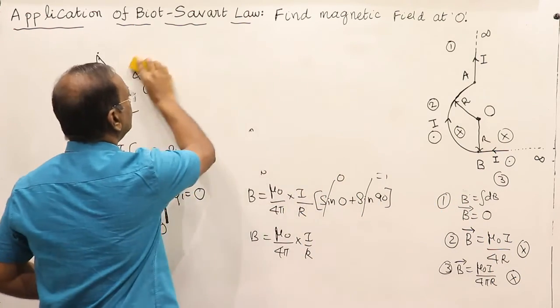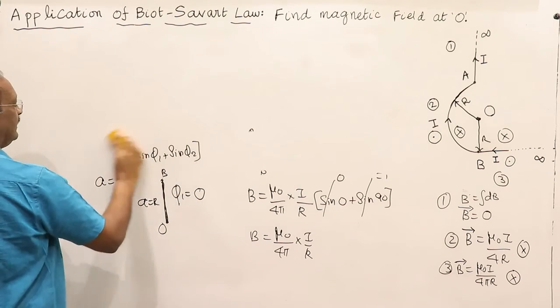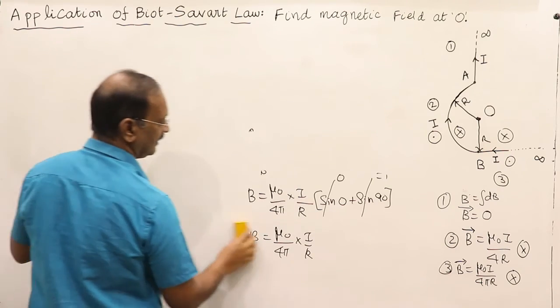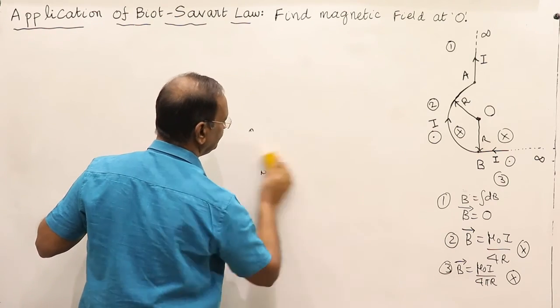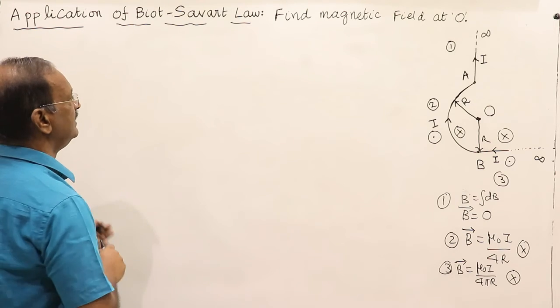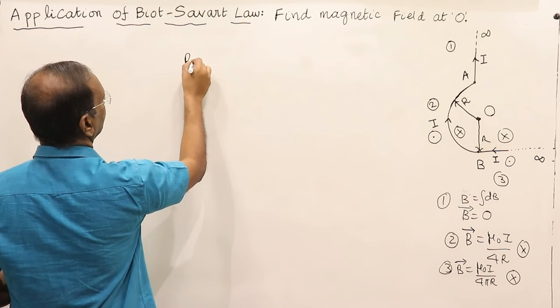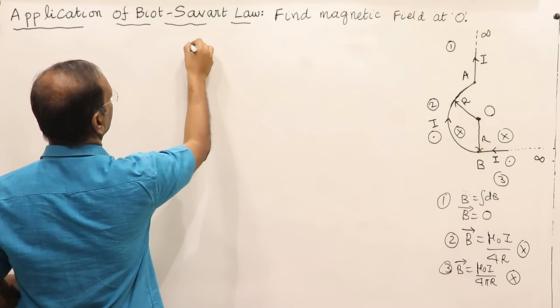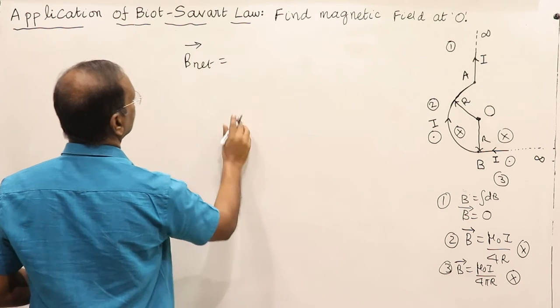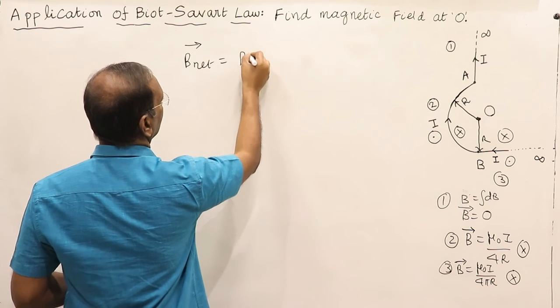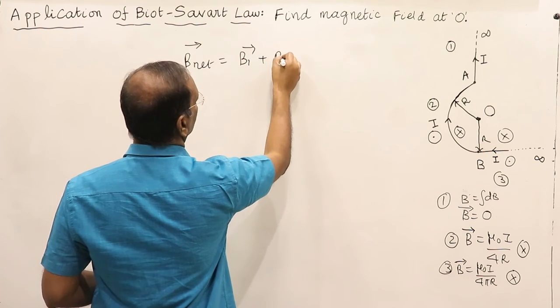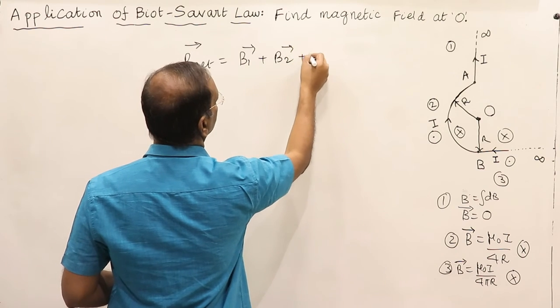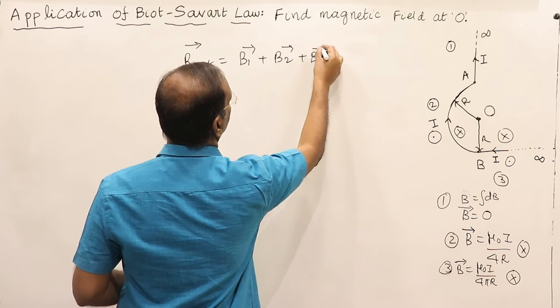Since magnetic field is a vector quantity, we will add all the magnetic fields vectorially. So the net magnetic field in vector form is equal to B1 vector plus B2 vector plus B3 vector.